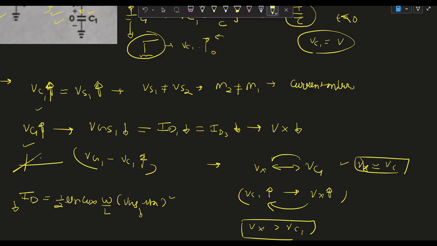When the capacitor is charged by constant current, it will increase like a ramp, but here the capacitor voltage rise is not constant, and due to this the current entering the capacitor will decrease as ID1 decreases. So the slope is also decreasing, and as the slope is decreasing, the charging also decreases.